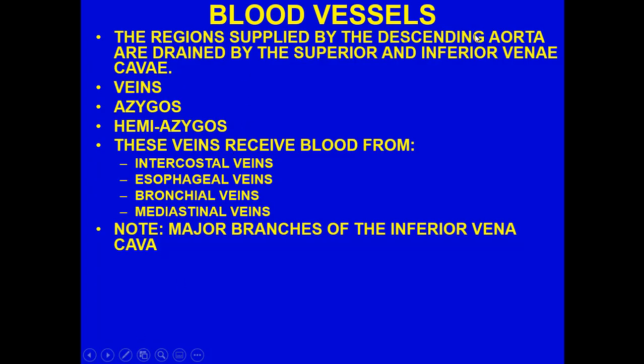Now, the regions supplied by the descending aorta are drained by the superior and inferior vena cava, as we mentioned. These include, for the veins, the azygos, the hemiazygos, and these veins receive blood from intercostal veins, esophageal veins, bronchial veins, mediastinal veins. These are the major branches of the inferior vena cava.